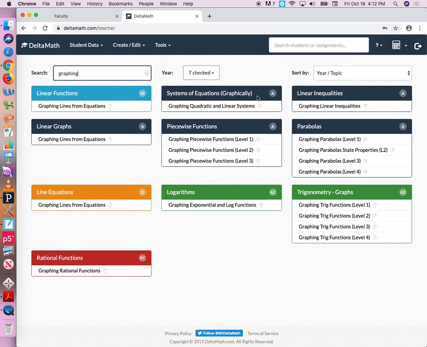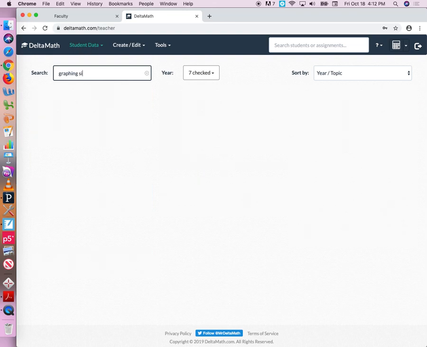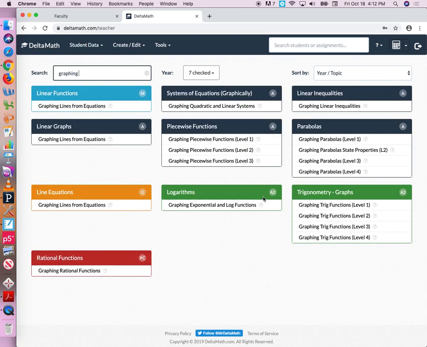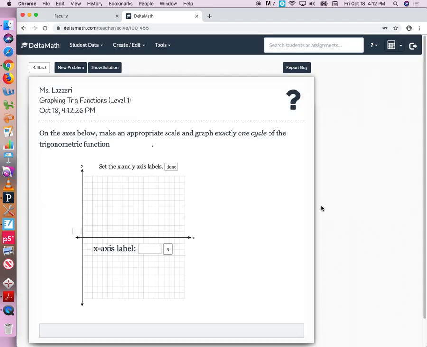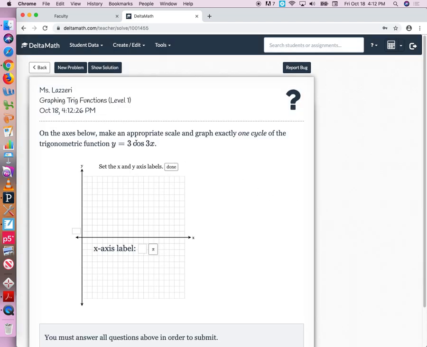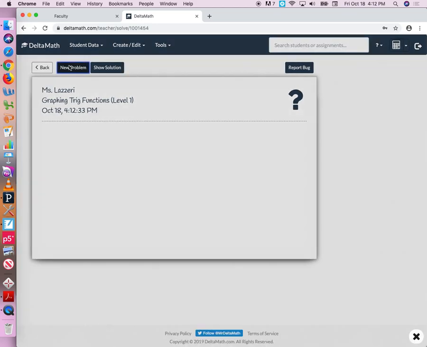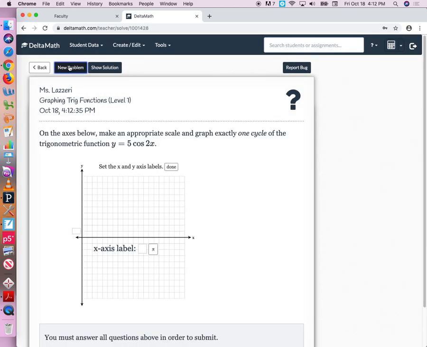Let's see if I can just get sine and cosine. That might get all 6 trig functions here. Let me cycle through the problems. Hopefully it's just sine and cosine. If you run into something besides sine and cosine, just skip it.